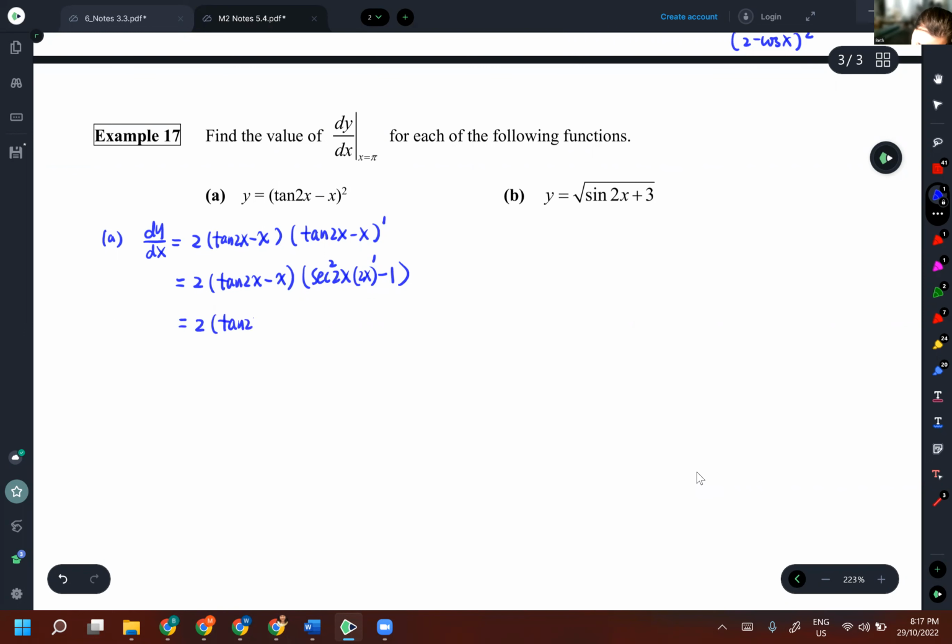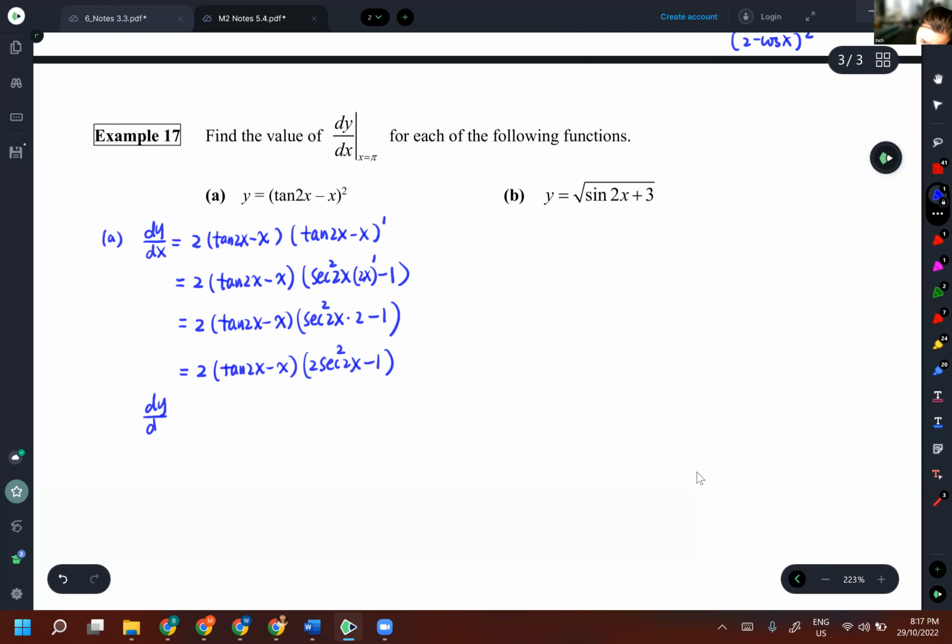So tangent 2x minus x, secant 2x squared, and d(2x)/dx is 2. So my final answer is 2 tangent 2x minus x, 2 secant 2x squared minus 1.